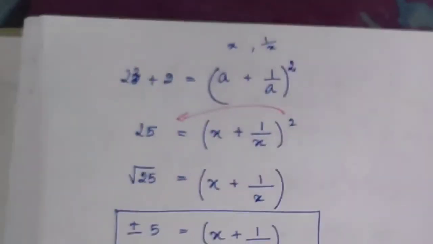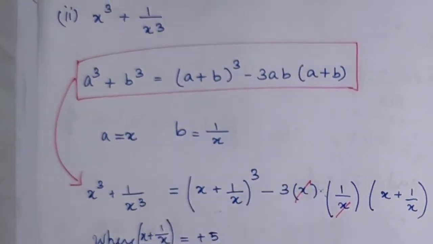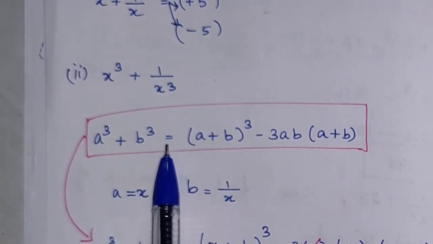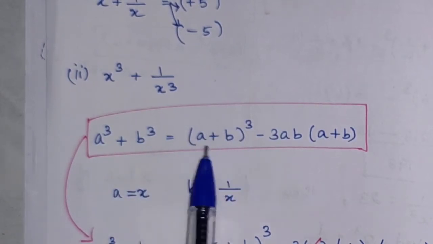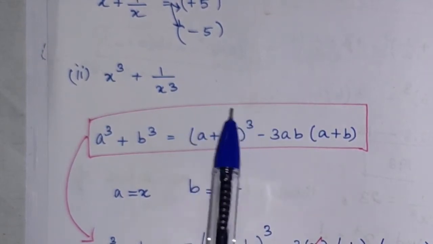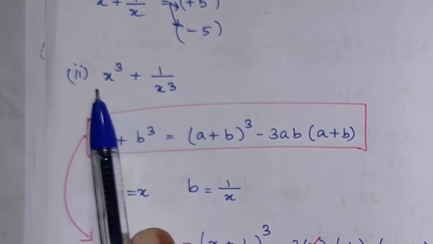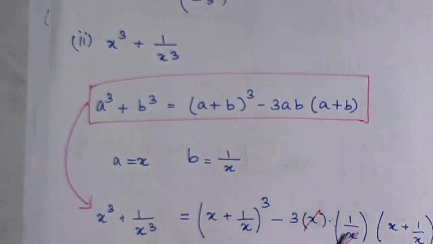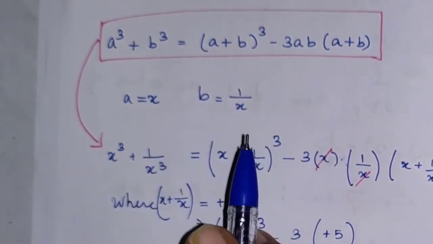Okay, so for x cube plus 1 by x cube, use the a cube plus b cube formula. So a cube plus b cube is equal to a plus b the whole cube minus 3ab into a plus b. It is derived from the formula a plus b the whole cube. Okay, where a is equal to x and b is equal to 1 by x. Just substitute that in the place of a and b. We have found x plus 1 by x is equal to plus 5 and minus 5.